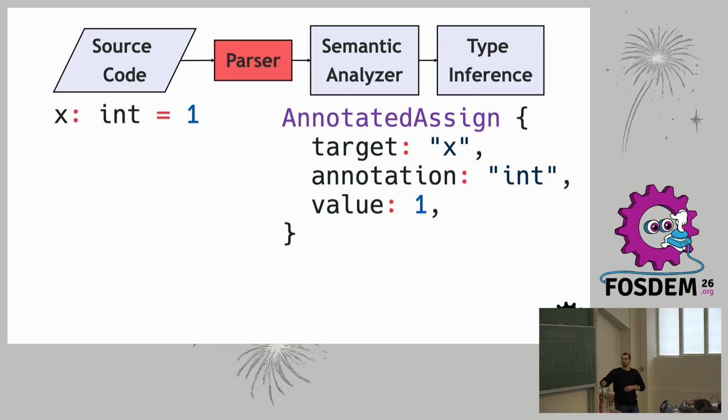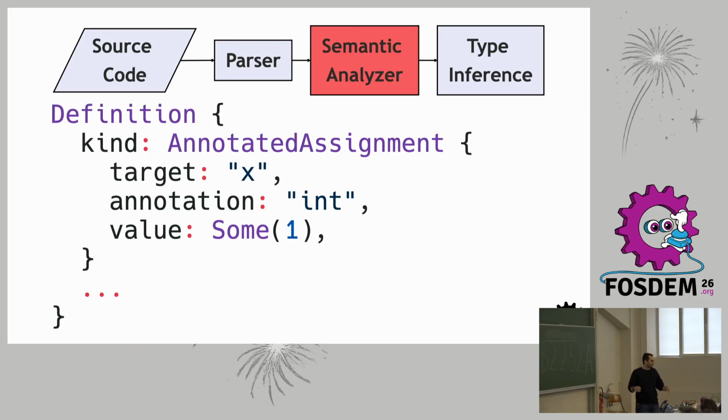So we can do matches on them and cover all the edge cases. And you can see here I'm defining x with annotation int and assigning 1 to it, and I capture all that information into this struct. And here the value is an expression, annotation is an expression, the target is just a name here.